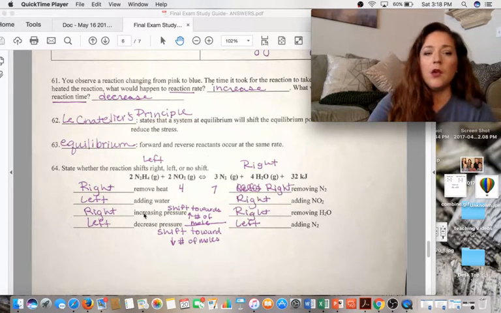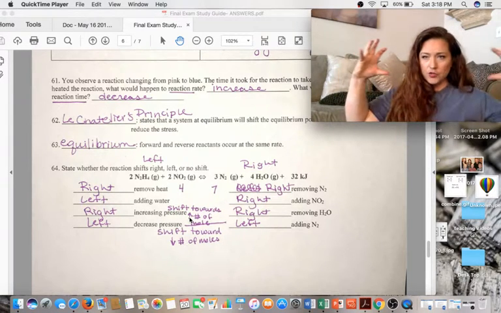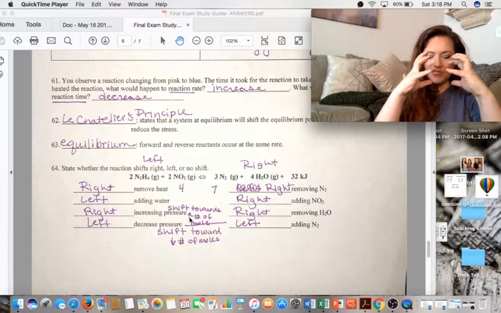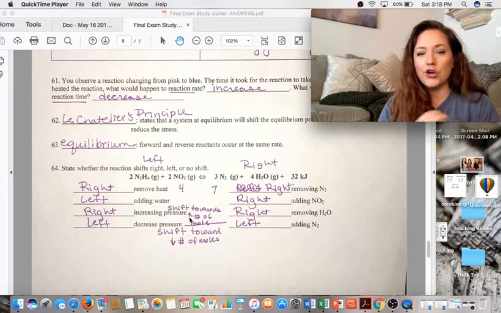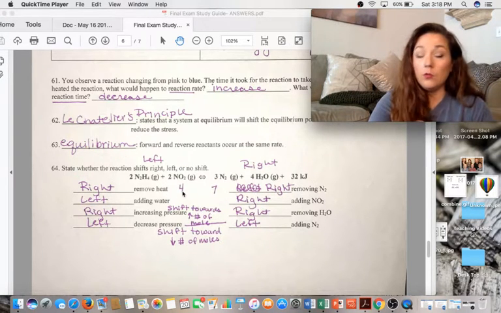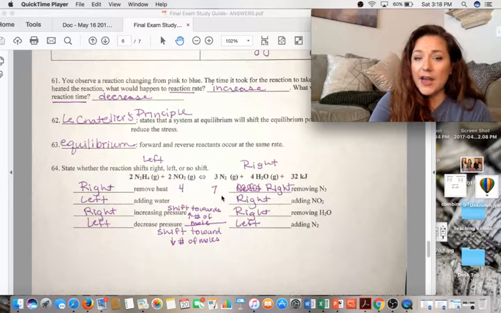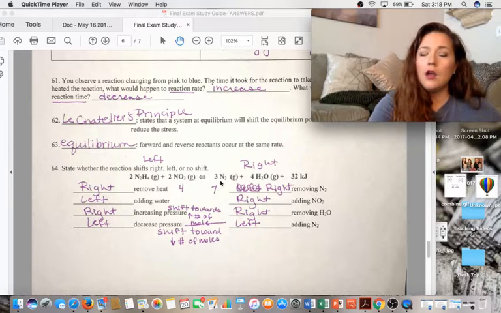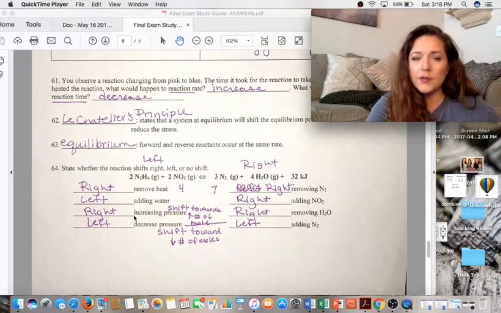So whenever you increase pressure, causing the volume to get smaller, it will shift towards the higher number. So which number is higher, 4 or 7? 7 is higher. So because it increased the pressure, that would cause 7 to rise. So thus, it's going to be a right shift.